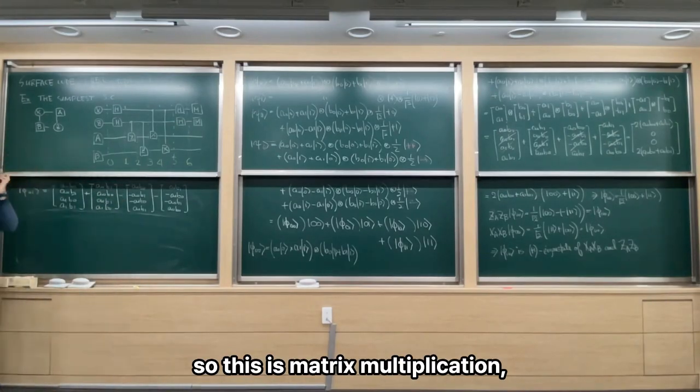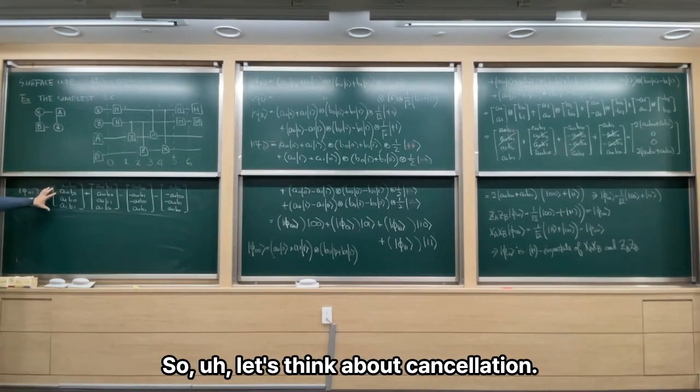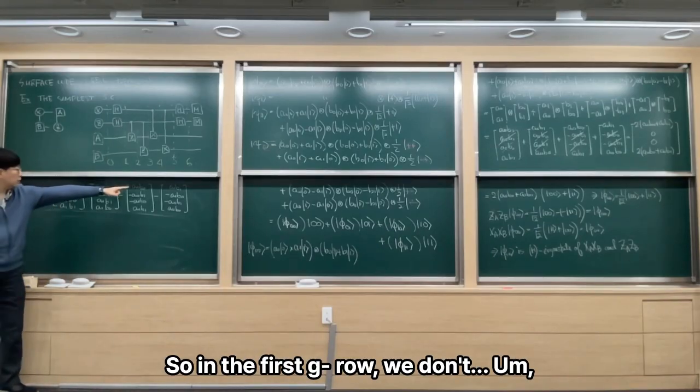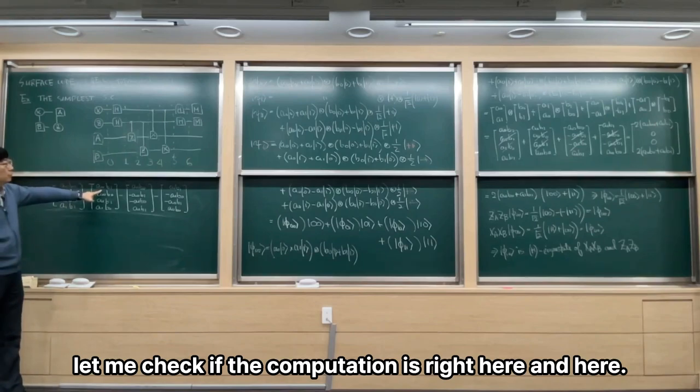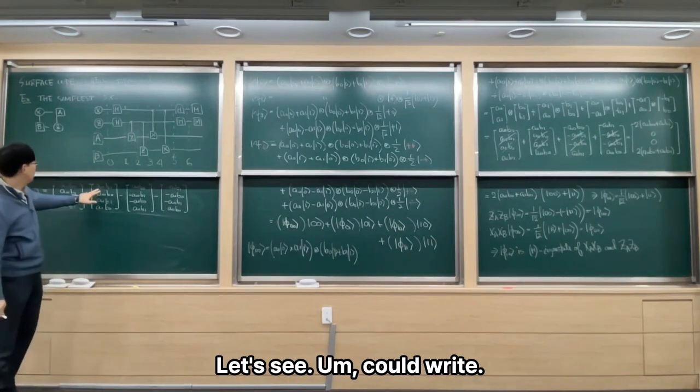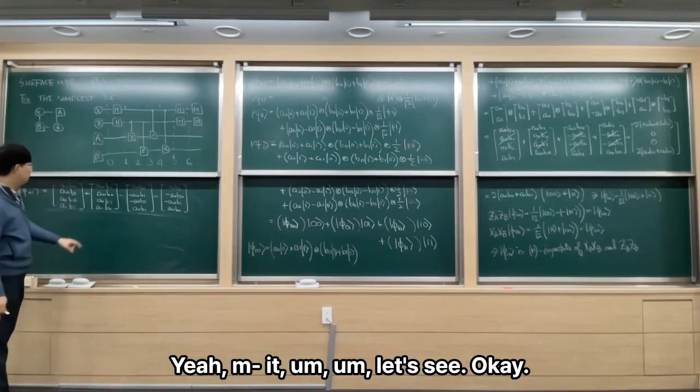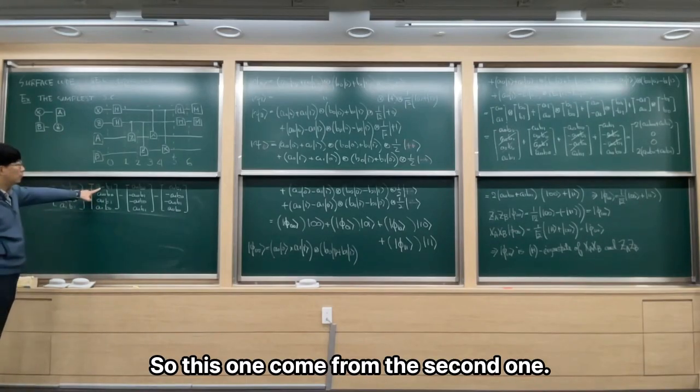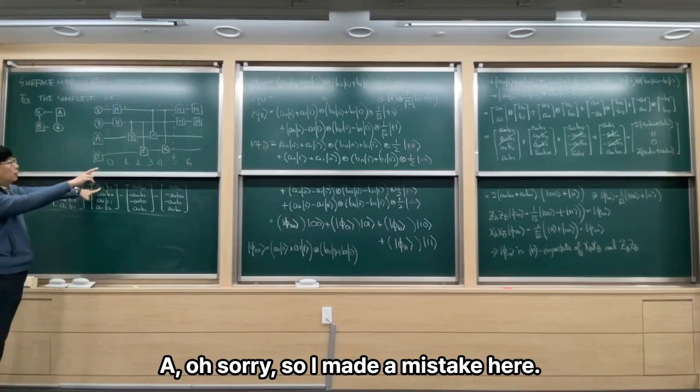Okay, so this is matrix multiplication. So let's think about cancellation. Let me check if the computation is right here and here. Okay, this one comes from the second one.